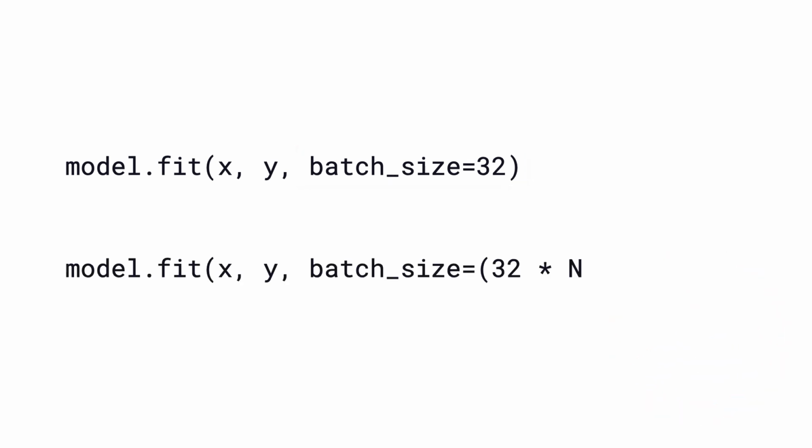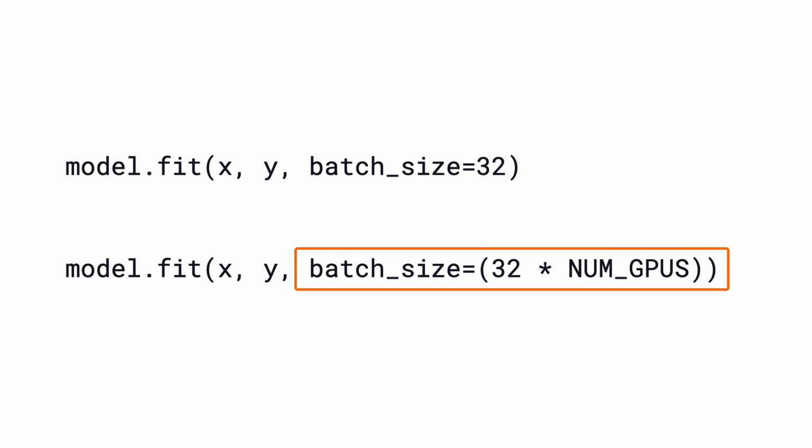With data parallelism, we can add an additional GPU, which would allow us to double our batch size. In this case, each GPU gets a separate slice of the data, they calculate the gradients, and those gradients are averaged. So effectively, with 2 GPUs, your batch size becomes 64, and with 4 GPUs, it would become 128.